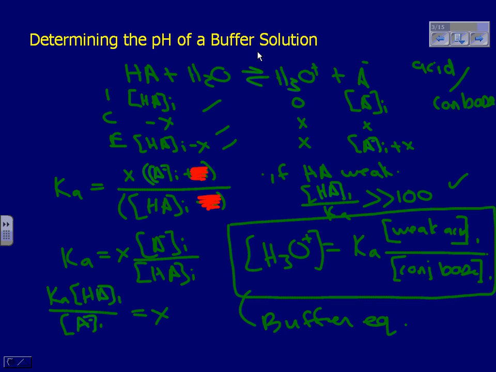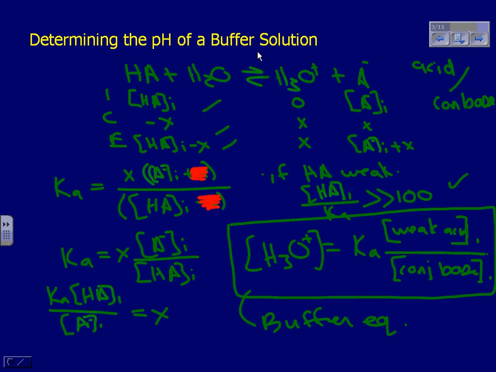What's my OH minus concentration going to be if we carry the logic through? Everything's going to work out exactly the same, except down here I'm going to have B, and up there I'm going to have HB. What's it going to be? Substitute it in, do the logic.